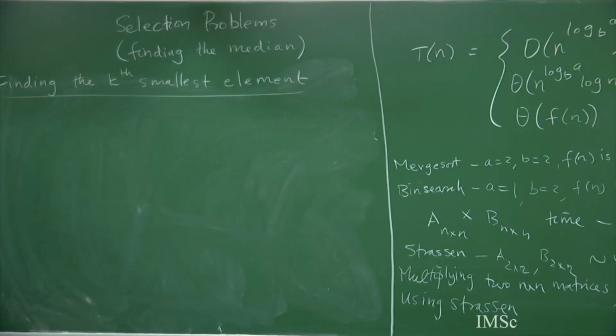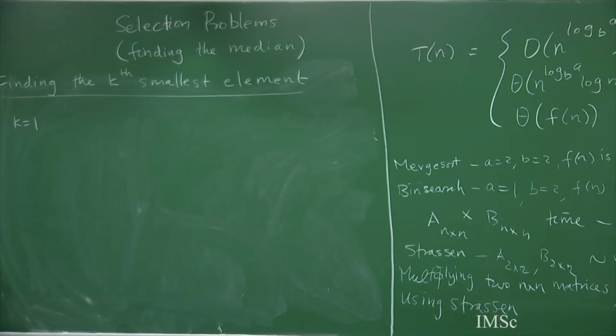You are given a list of n elements from some ordered set, and I want to find the kth smallest element for various values of k. If you want to find the smallest element or the largest element, what do you do? How much time does it take? Order n. Let us say I am counting comparisons. How many comparisons? N minus 1 comparisons.